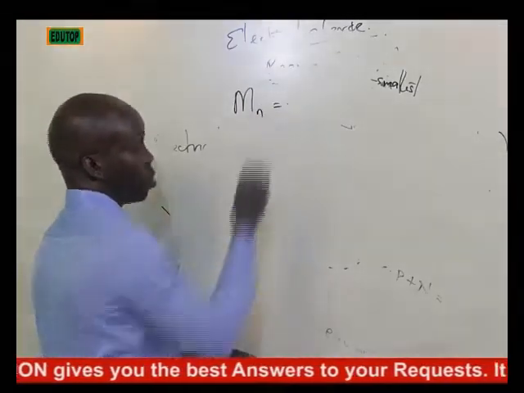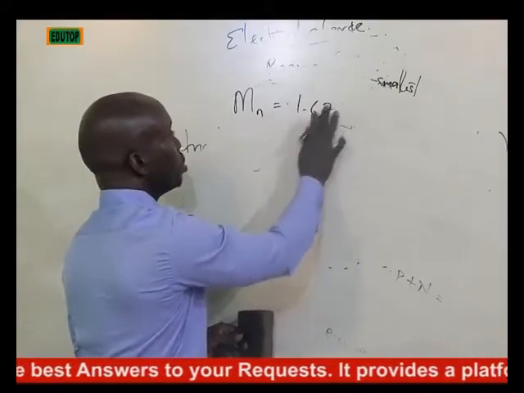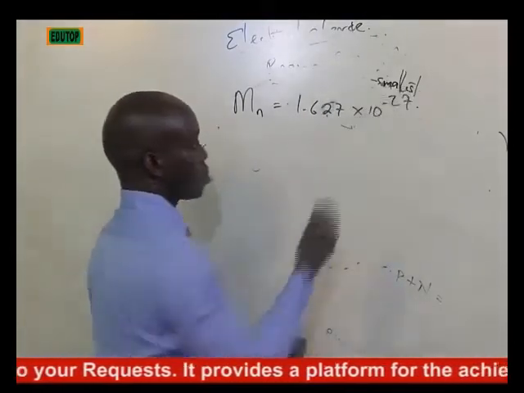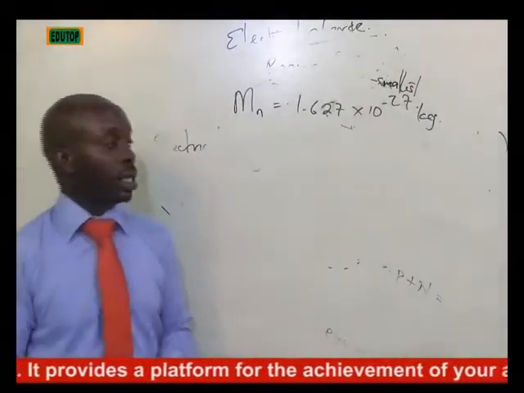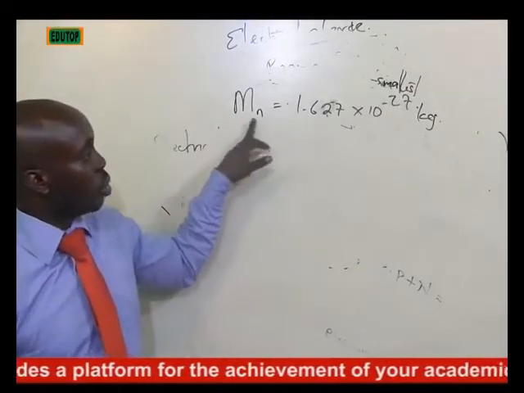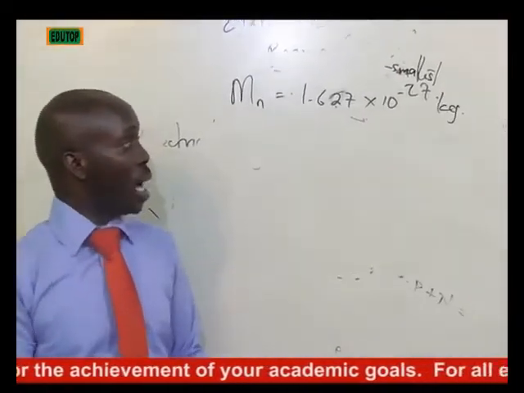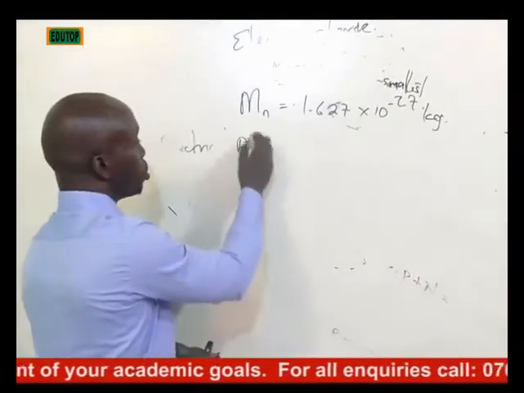We start with the mass of neutron. The mass of neutron is given as 1.627 exponential minus 27 kg. That is the actual mass of your neutron, which forms a constituent of an atom. The next one is the proton.